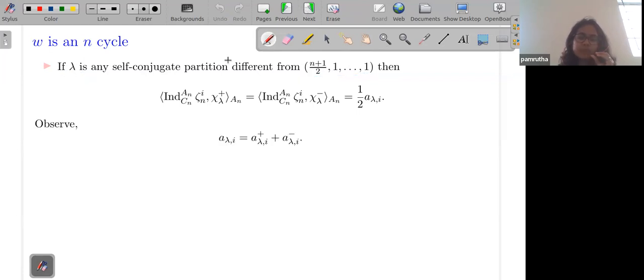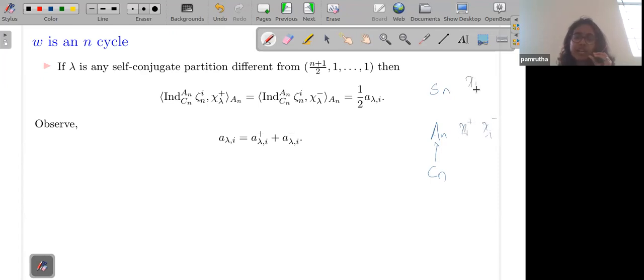To deal with this, just recall that we start with the cyclic group, then we have the alternating group, and then the symmetric group. When we induce the self-conjugate chi lambda to the symmetric group, we get chi lambda plus and chi lambda minus.